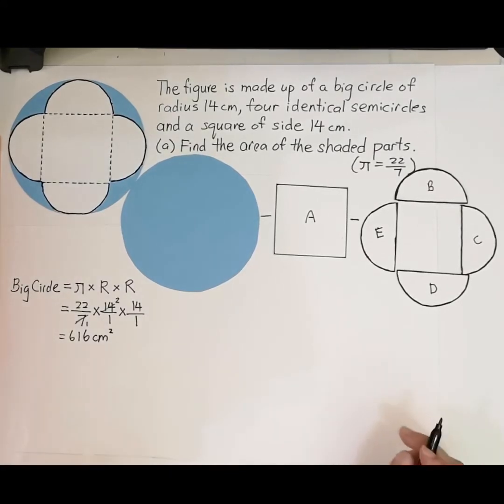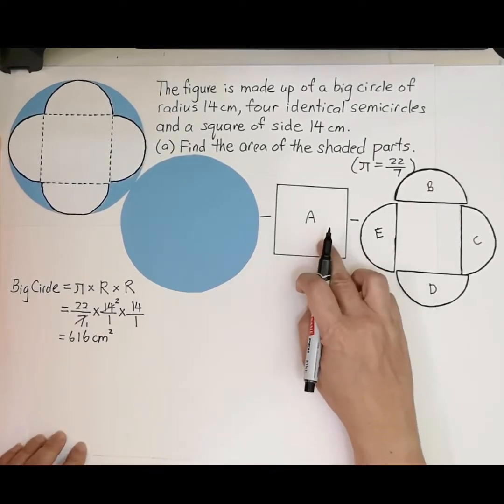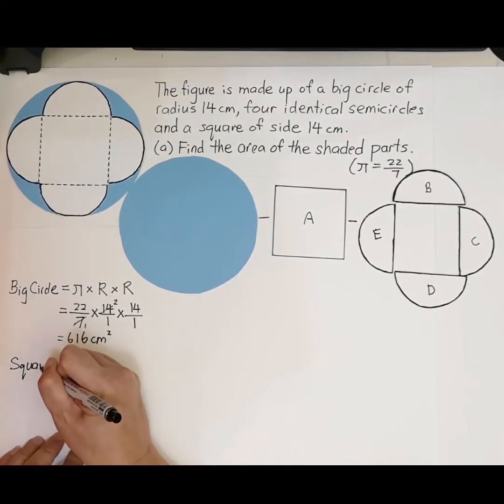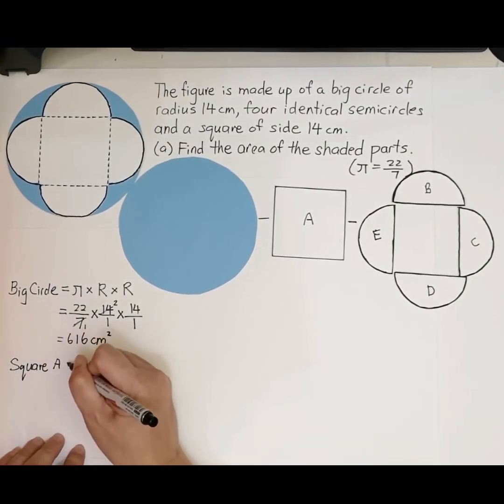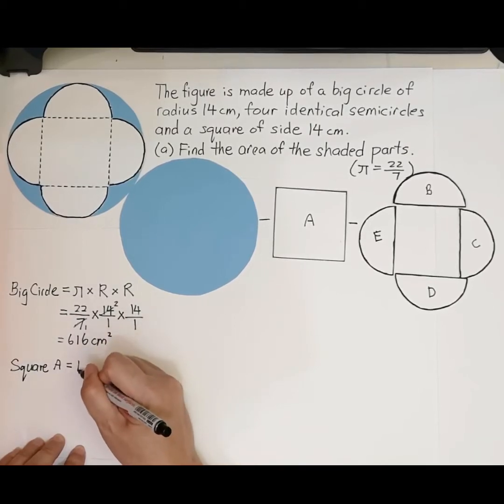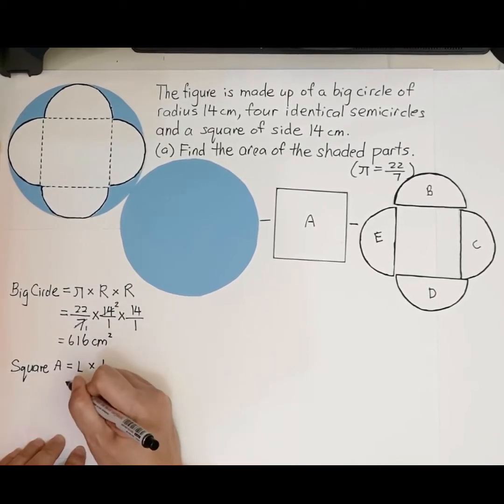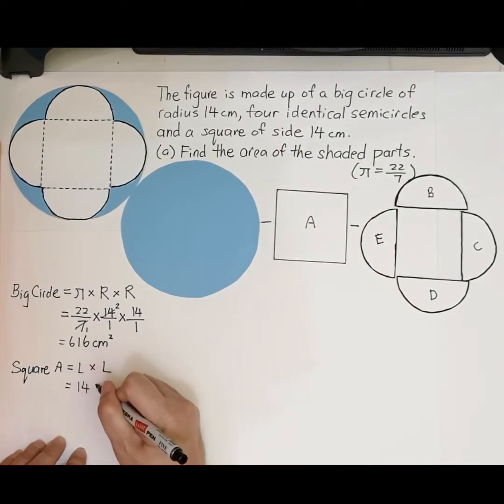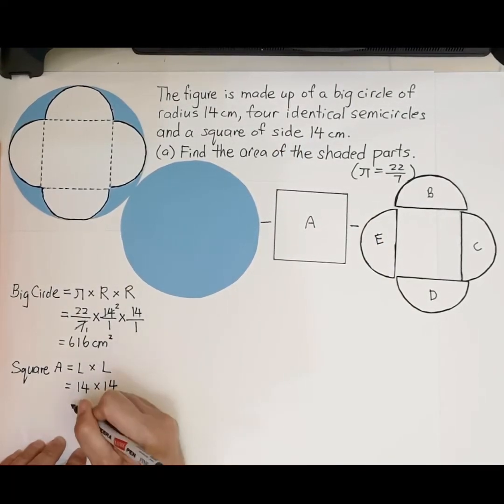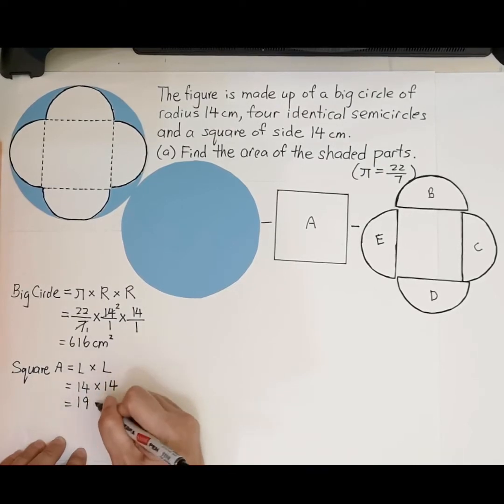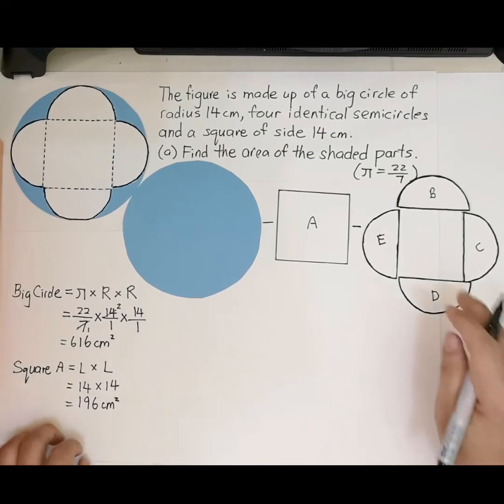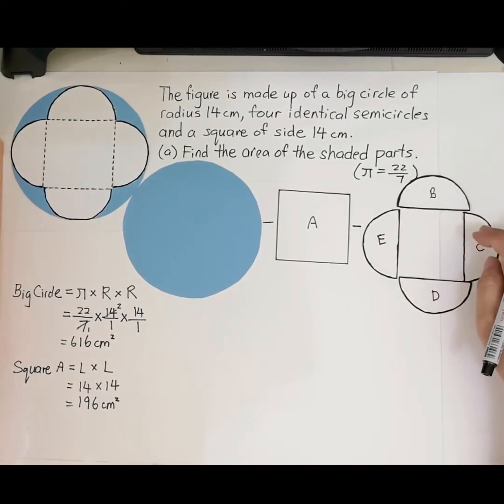Okay, next we're going to find the area of square A. So square A will be length multiplied by length. The square is of side 14 centimeters. So that will give us 196 square centimeters. Okay, next we have to find the area of these 4 semicircles.